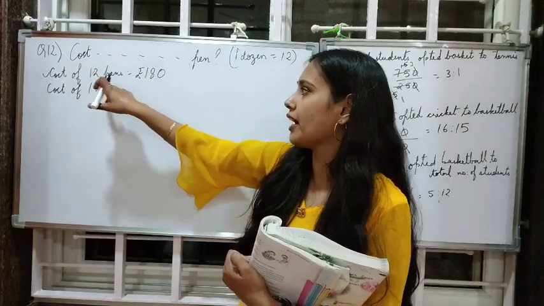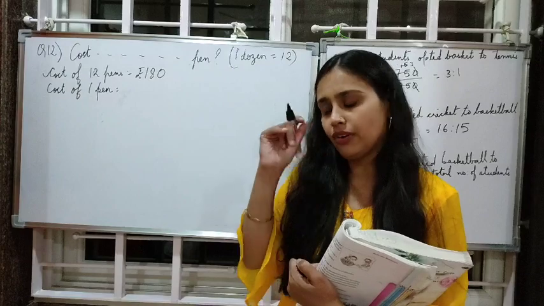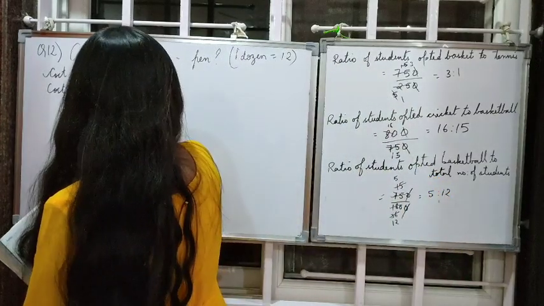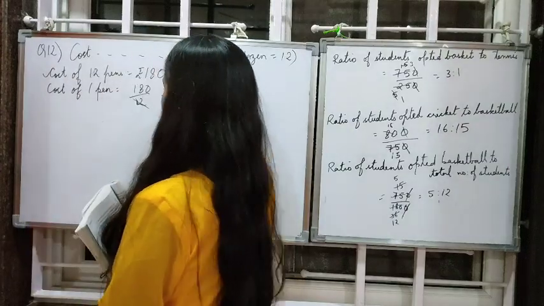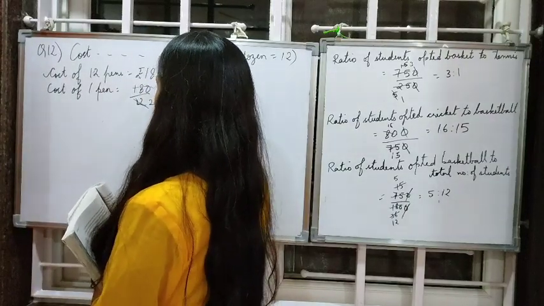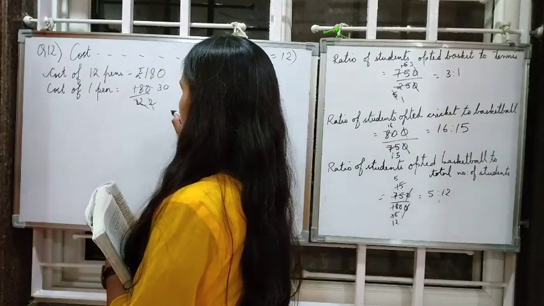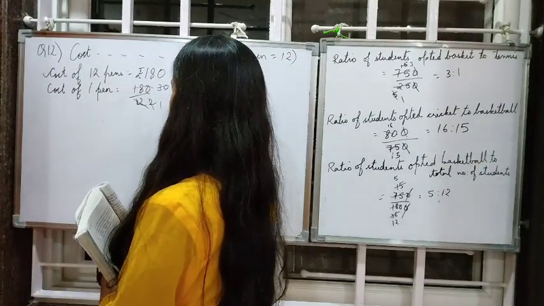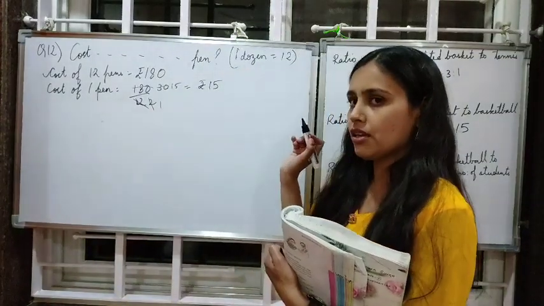So let's divide 180 by 12. Both are divisible by 6. 6 2s are 12, 6 30s are 180, and 2 1s are 2, 2 15s are 30. So the cost of one pen is rupees 15.